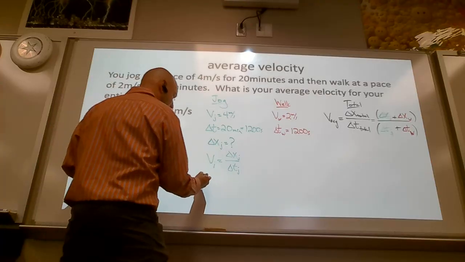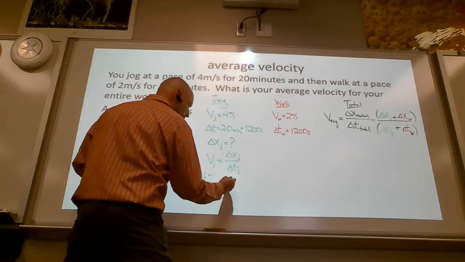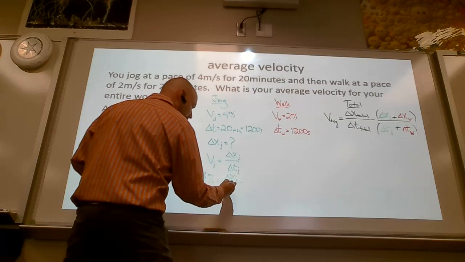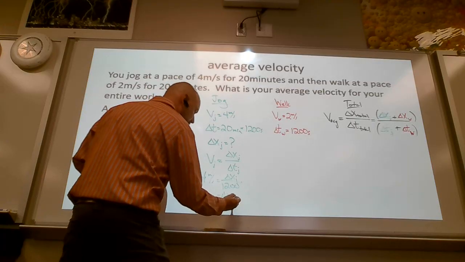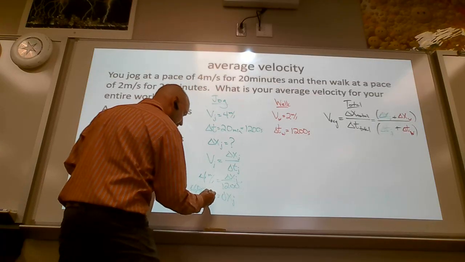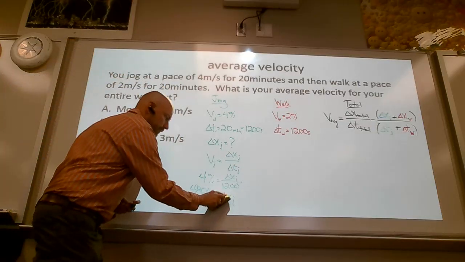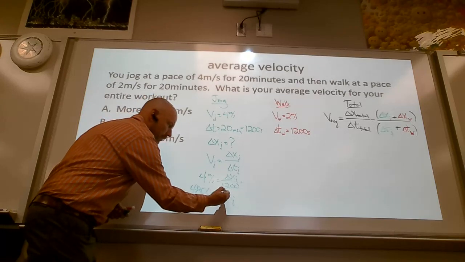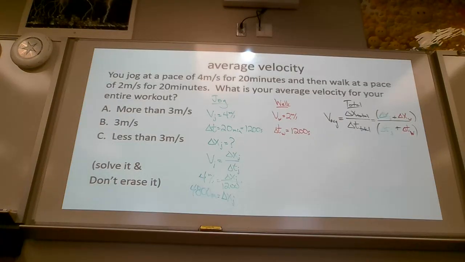I've got all that stuff. We got 4 meters per second is equal to displacement of the jog over 1,200 seconds. So I find my displacement of jogging to be equal to 4,800 meters. Right? You figure out displacement of the walking. Beat me to the answer.